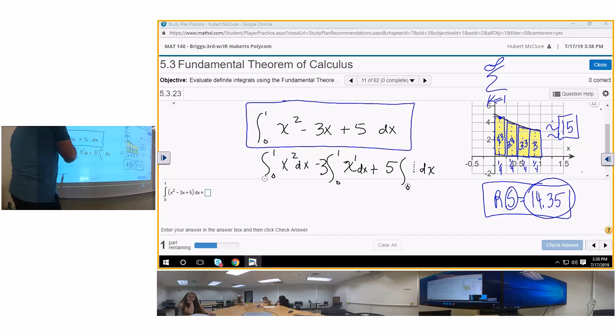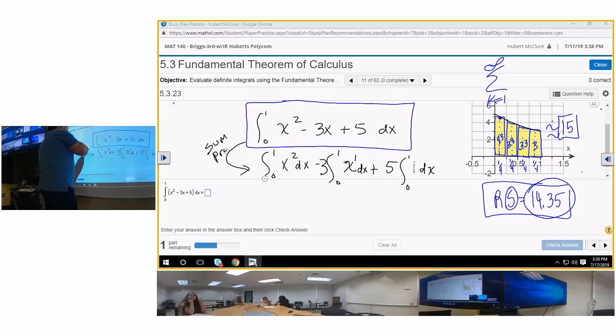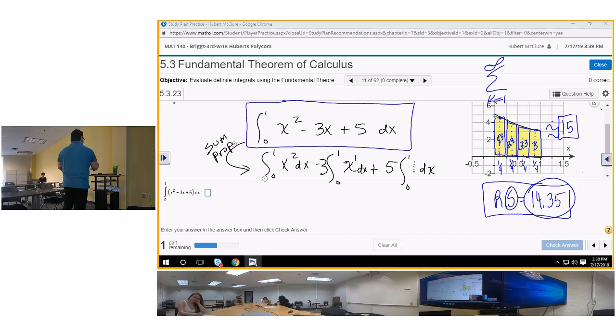Now that is the property, called the sum property. I'm not going to spend a lot of time going over it. If you have 2 or 3 terms in a polynomial, you could break each one of them up, if you wanted to, into separate antiderivatives. You don't have to do that. That's just something I want you to know, because that's how we do it.